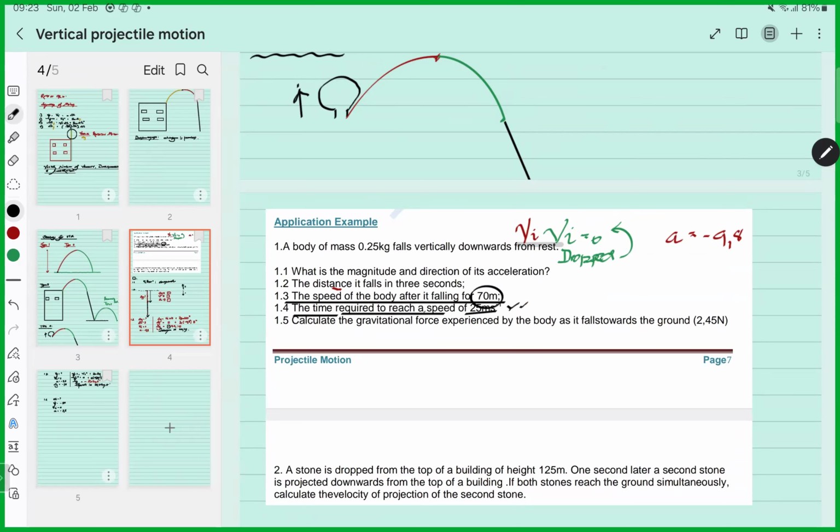In 3 seconds, what will my speed actually be? Anyone? Now that will be a good question to check whether you followed what we did yesterday. Without an equation, can somebody tell me what my speed will be after 3 seconds? It'd be 29,4. Very good.